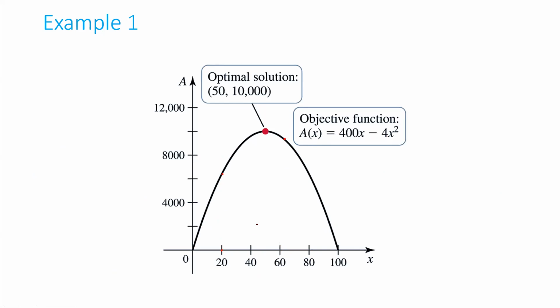But the one that's going to maximize the area will be when x is 50. Which gives me the corral where it's now 50 on this side, 200 on this side.